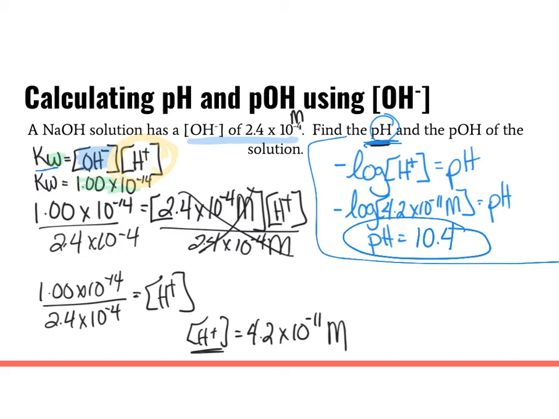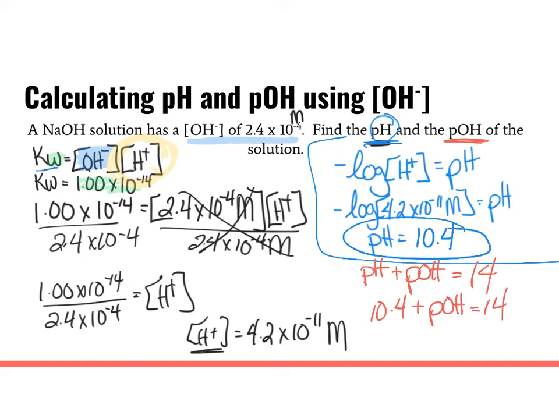The last part of this is we want to calculate out pOH. And if you remember, if we take pH plus pOH, that is always equal to 14. So now I know that 10.4 plus pOH is equal to 14.